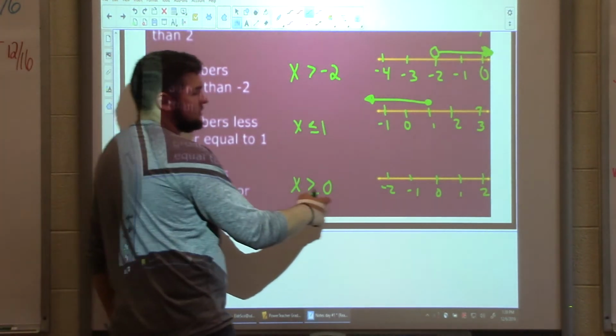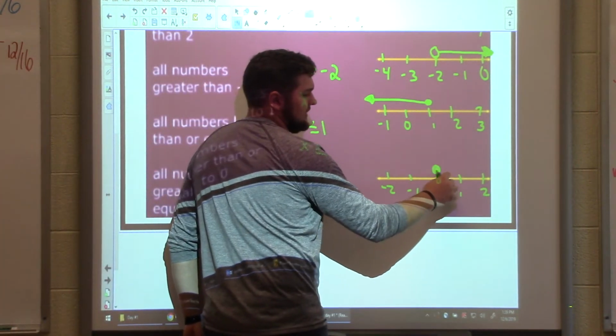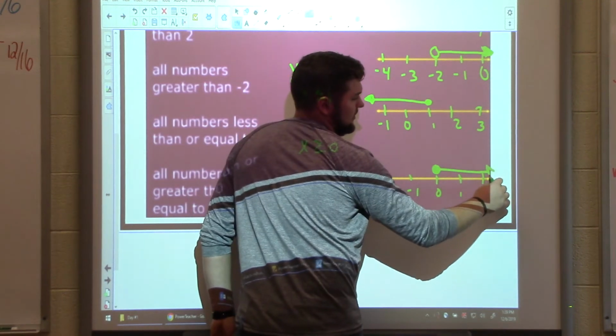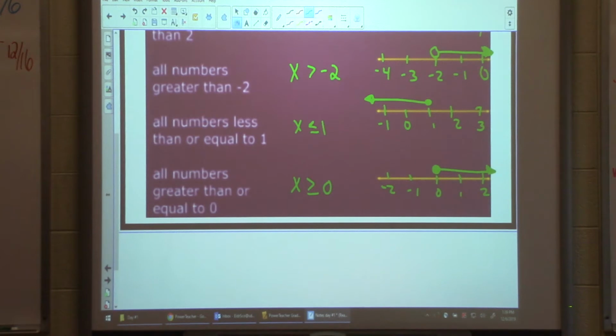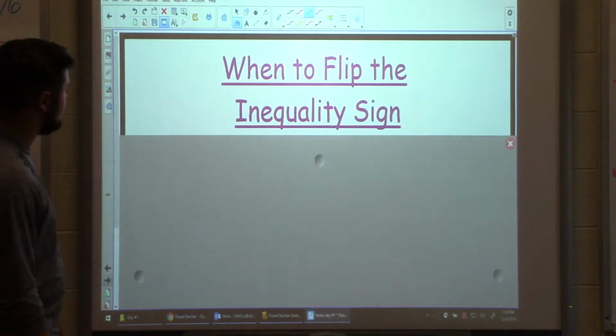So greater than or equal to 0 means filled in circle at 0. Greater than, I'm going to the right. Alright, any questions so far? Alright, then I'm going to keep going.